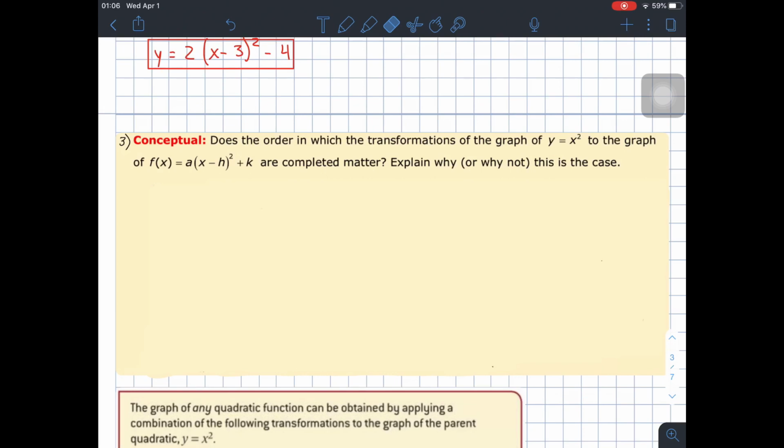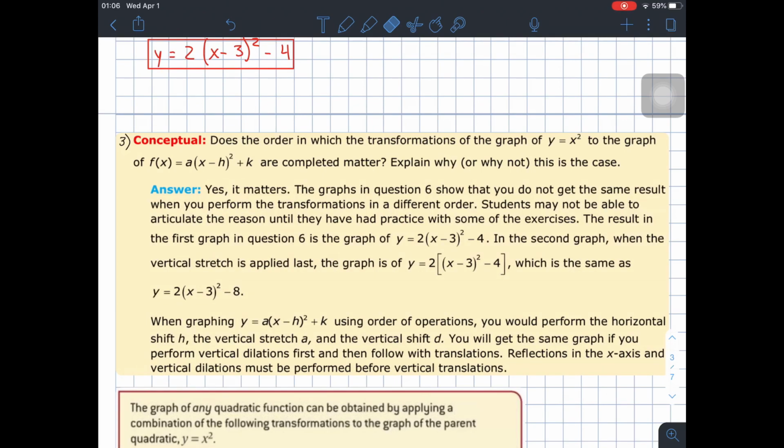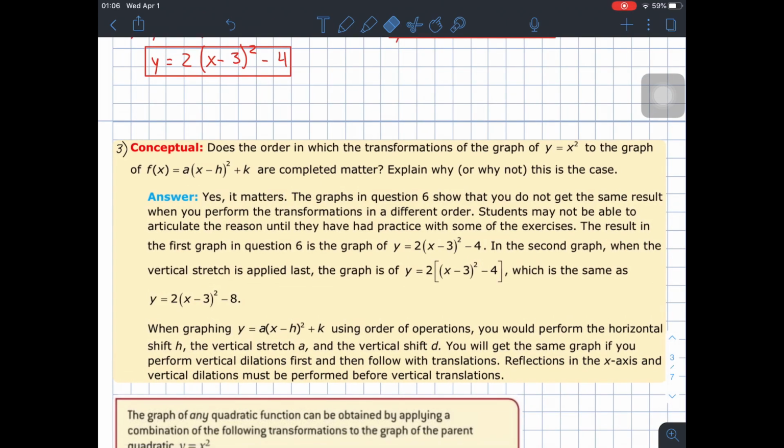We're going to read the whole answer here. It says, yes, it matters. The graph in question 6 shows that you do not get the same result when you perform the transformations in a different order. Students may not be able to articulate the reason until they have had practice with some of the exercises. The result in the first graph in question 6 is the graph y equals 2 times (x minus 3) squared minus 4.